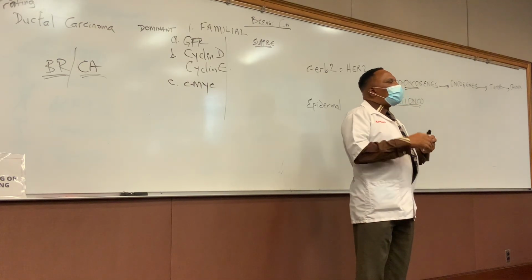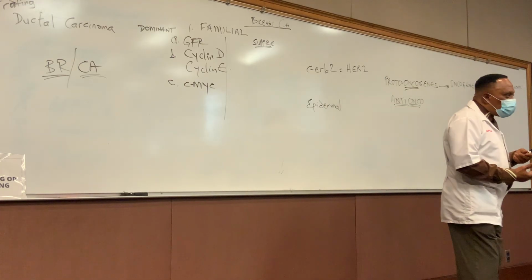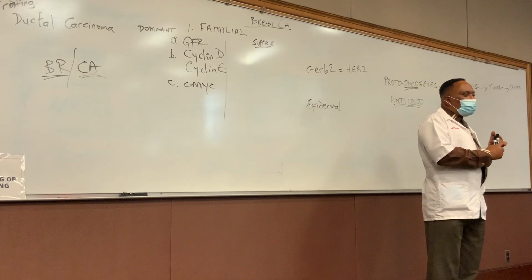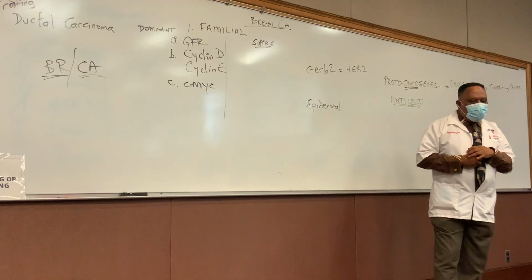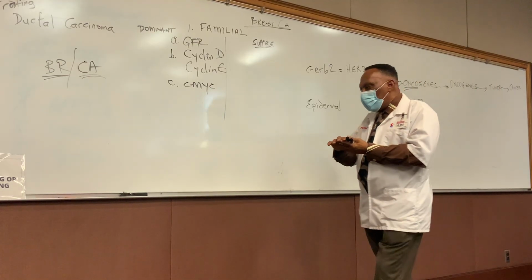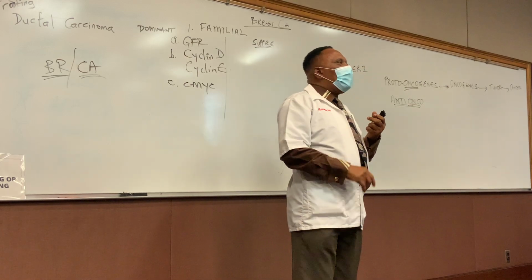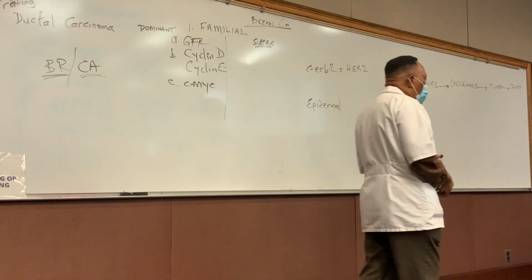So for you to get breast cancer from the suppressor genes, it means you have to have had a mutation in that gene, or you must have had something that decreases the amount of suppressor gene that you have.